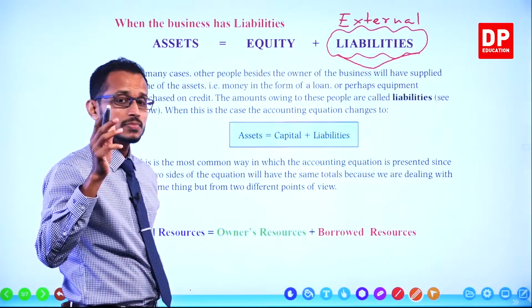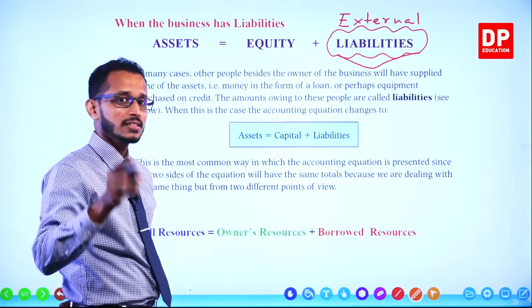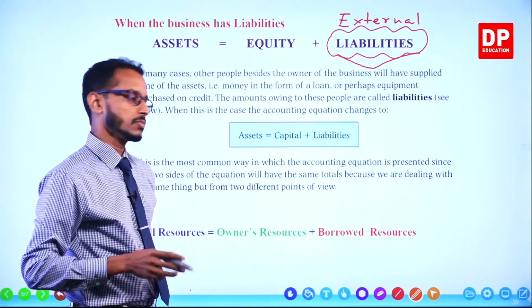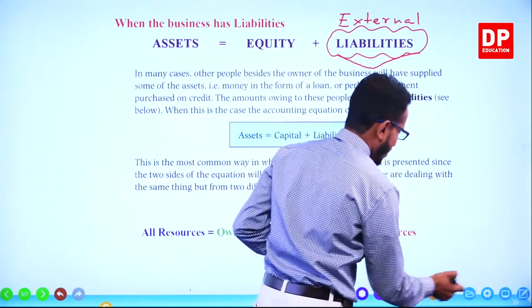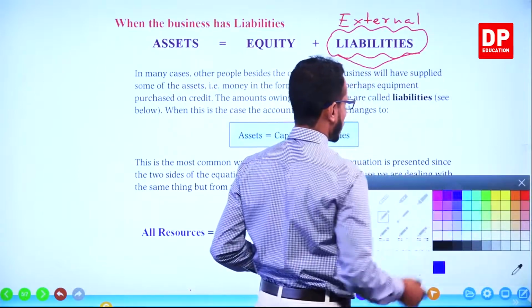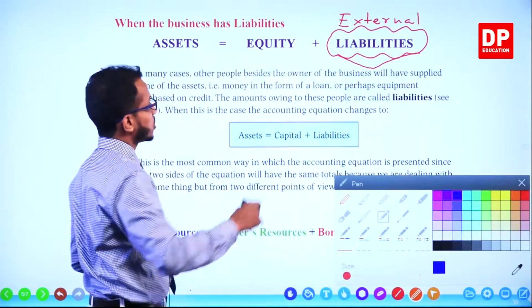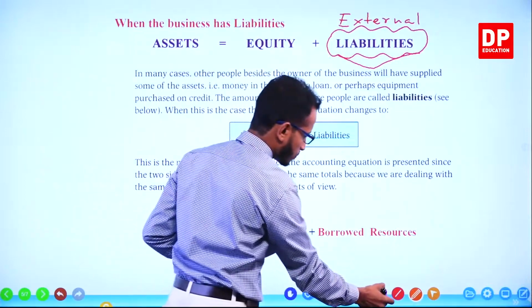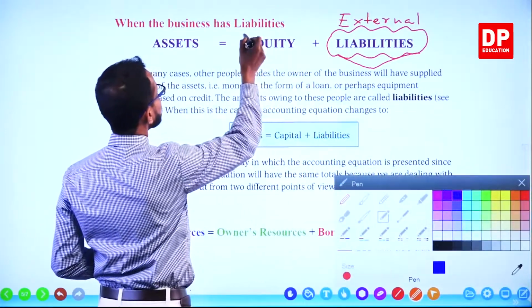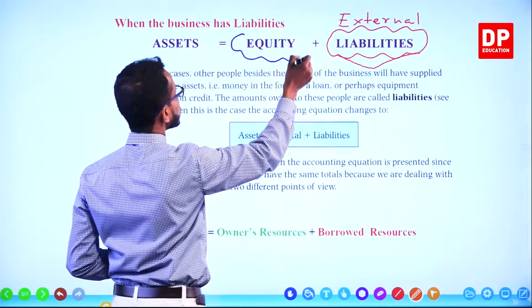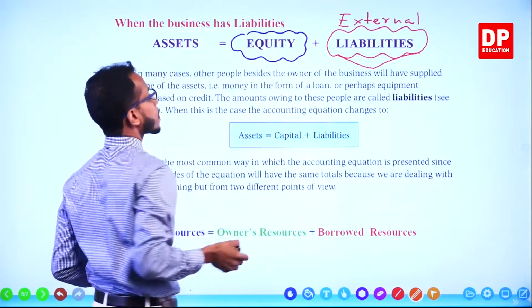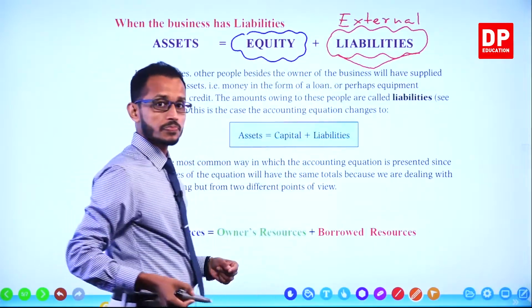Children, did you get that? Yes? Okay. Good. In this case, children, we have equity. And we have liabilities.